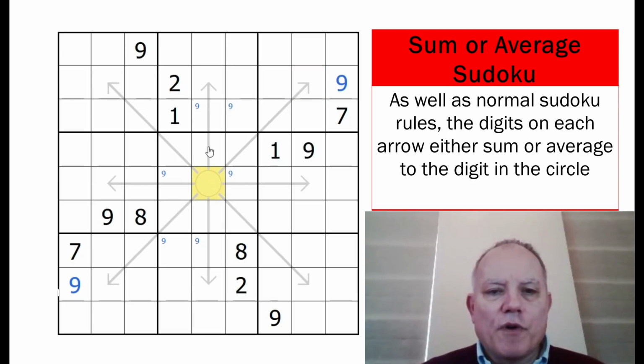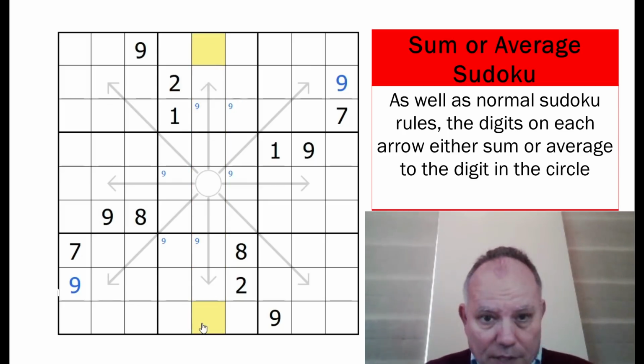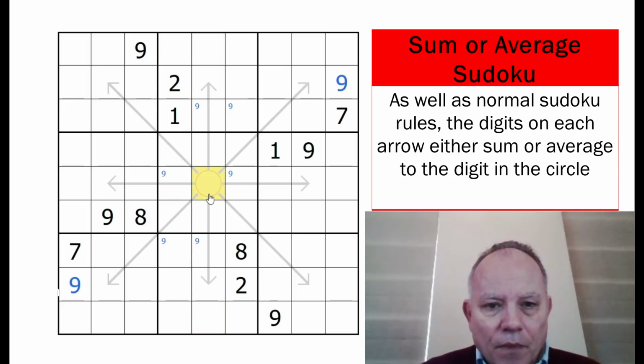Now why couldn't 3 add up to 9? You could have 2, 3, 4 going up there, but then you couldn't find 3 more digits to add up to 9 going down here. The other way of looking at that is if they added up to 9, that's 18 plus 9 in the middle, 27. You'd need 18 more for the 2 outside cells, and that's not possible. So it can't be 9 in the middle.